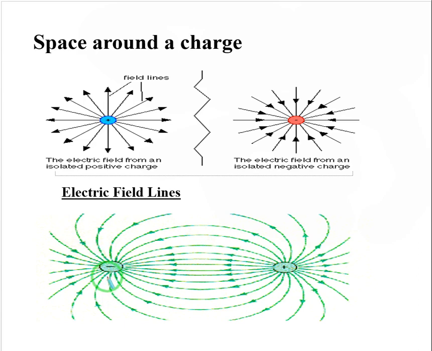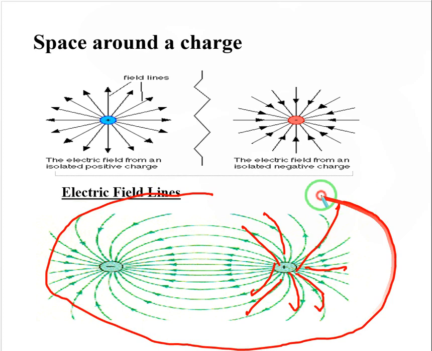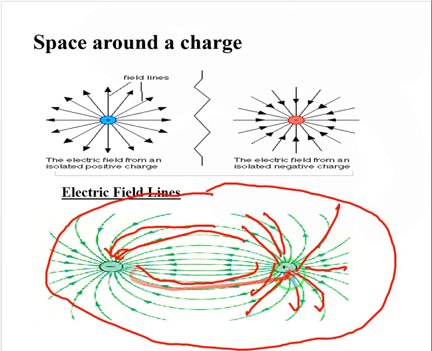It can absorb the field lines. If we have a negative charge in this field, it will absorb these field lines which are emitted from the positive charge. So this negative charge will absorb all these field lines which are in the direction of the negative charge.